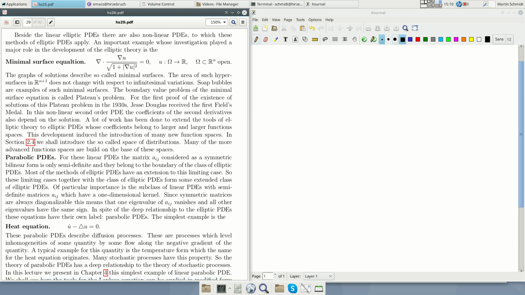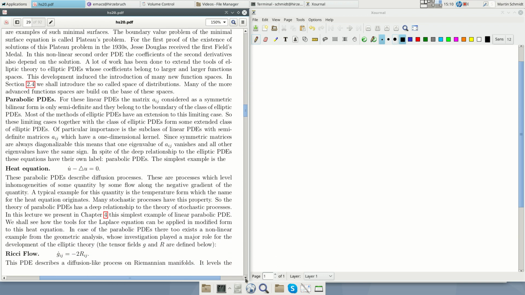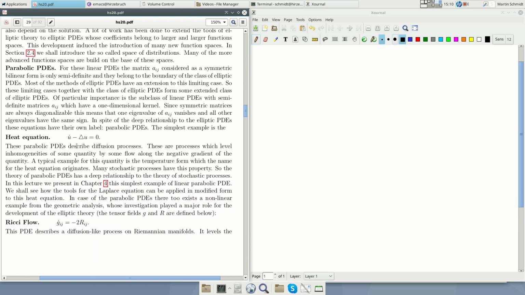Now let's look at the simplest example, the heat equation, which we treat in chapter 4. Where does the name come from? The name comes from the fact that this equation describes a diffusion process, a process which levels inhomogeneities.